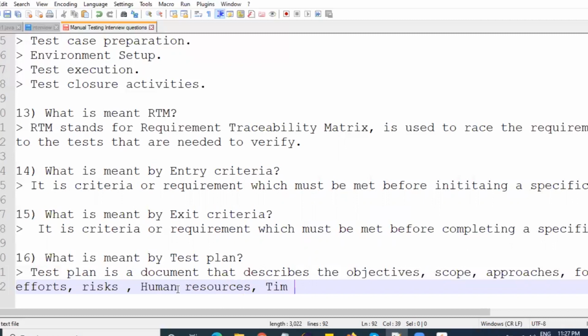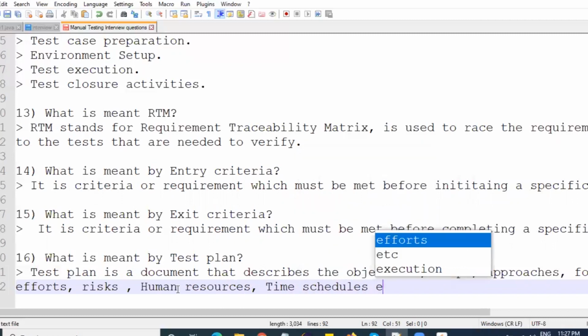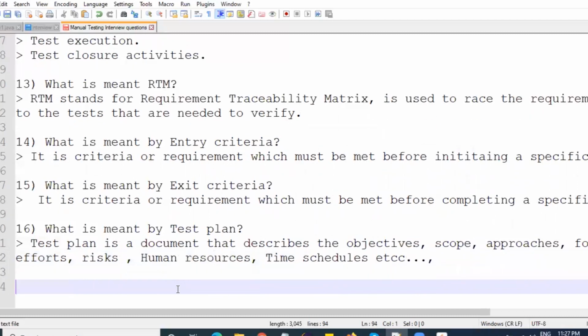Like that, we have n number of things. So this is all the information a test plan contains.